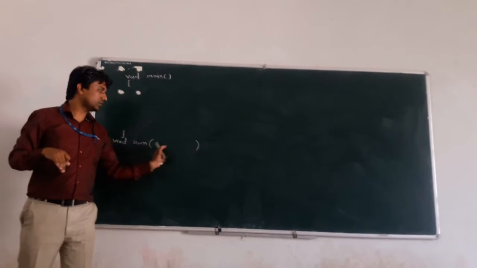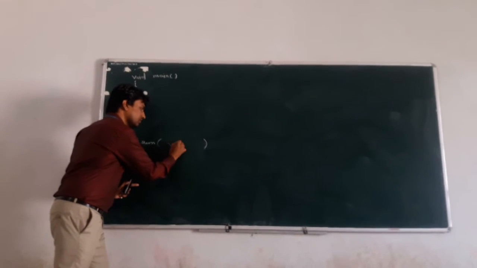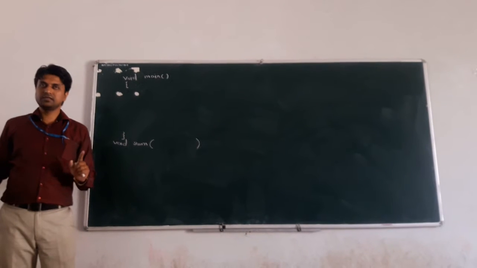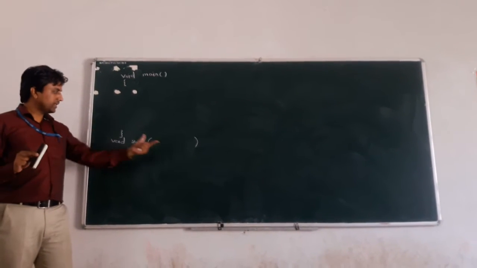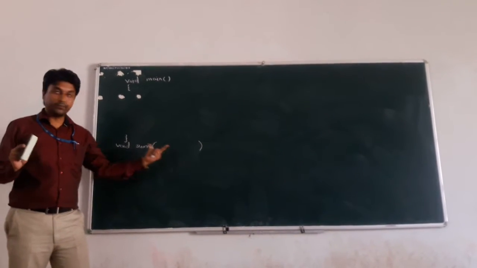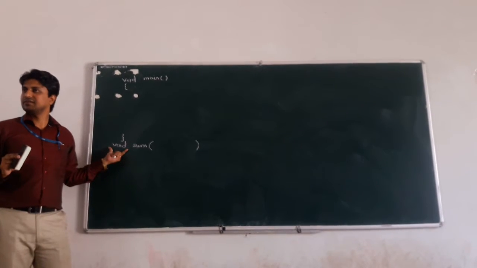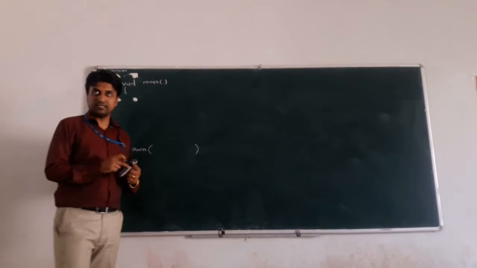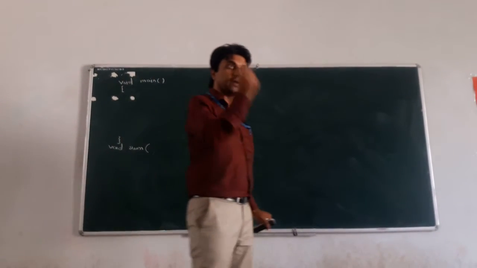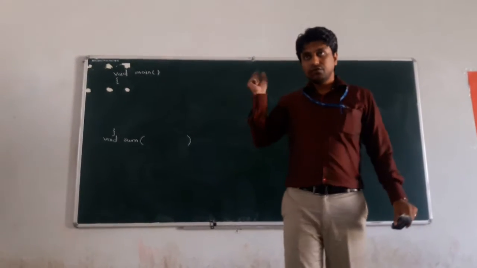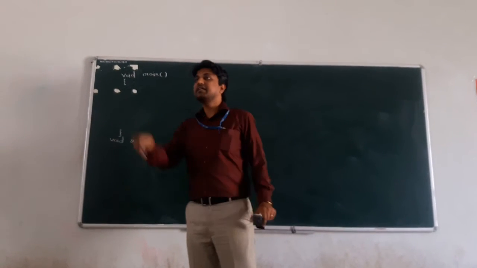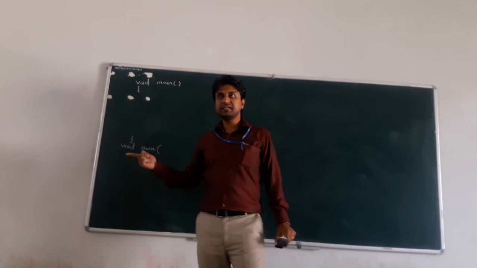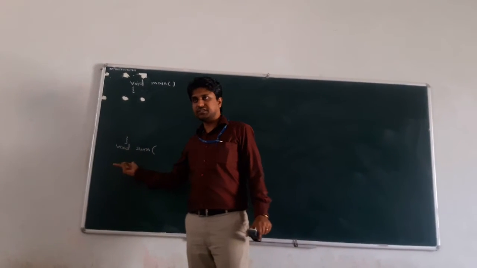So return type, no return type. You can write void also, or no need to write void. But it is better to write void. If you do not write void, in some IDEs it gives you a syntactical error, or in some IDEs, if there is no return type, they treat the return type as an integer.